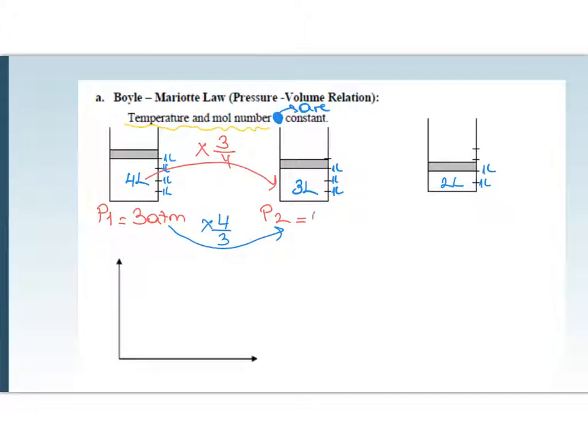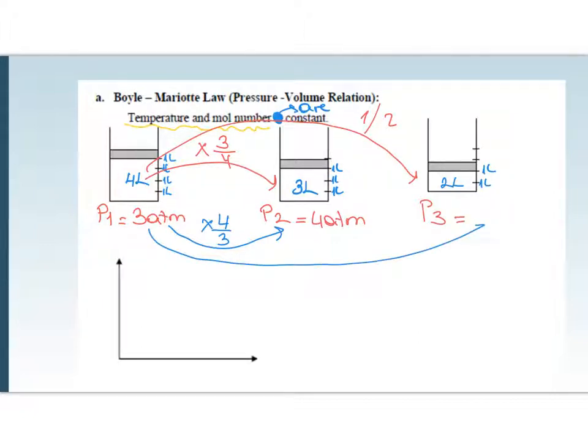So the new pressure becomes 4 atm. What about the last one? As you can see, in this case, the volume is directly halved. So this means that you're going to double the pressure. It was 3 atm, now this is going to be 6 atm.